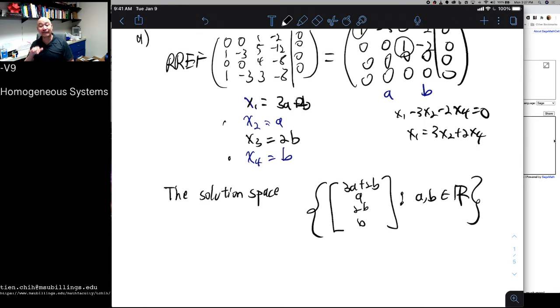Right? So for every choice of A and B, because A and B can be whatever they want, the vector that we generate here is going to be a solution to the system of equations.